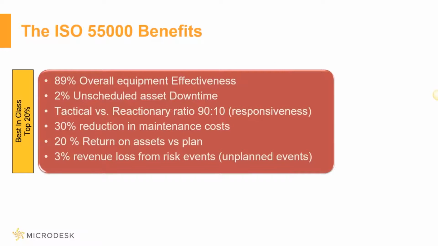That means 90% of your time is in planning, and only 10% of your time is spent reacting to unexpected events. This results in a 30% reduction in maintenance cost, 20% return on asset versus plan, and then 3% revenue loss from risk events, meaning that for all of those emergency events that you have, even though you're having an emergency, you're minimizing how much you're losing. So cost control means stability for an organization. That's really what it comes down to.